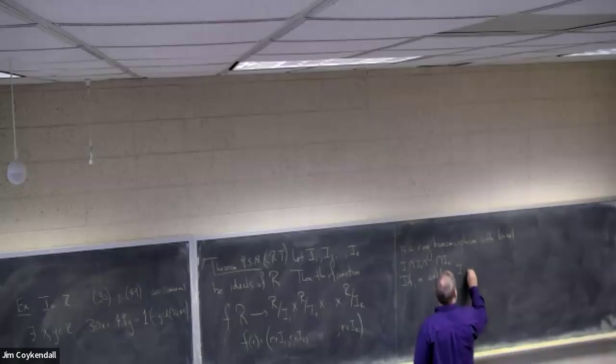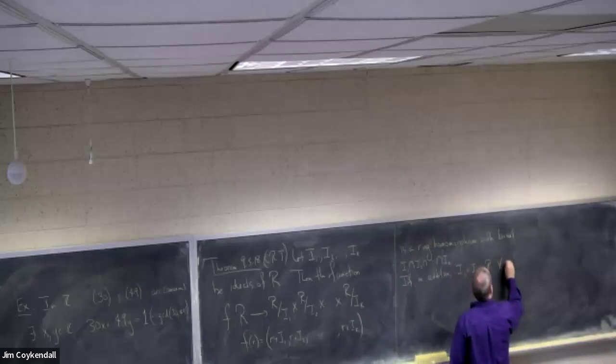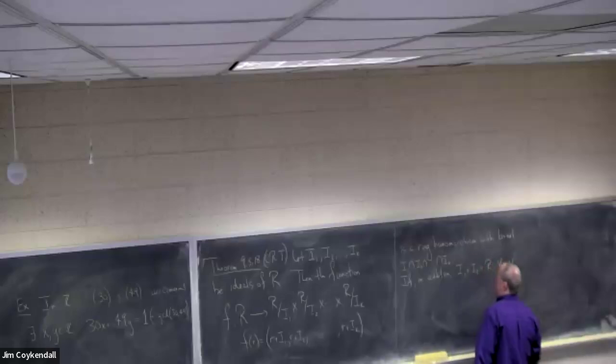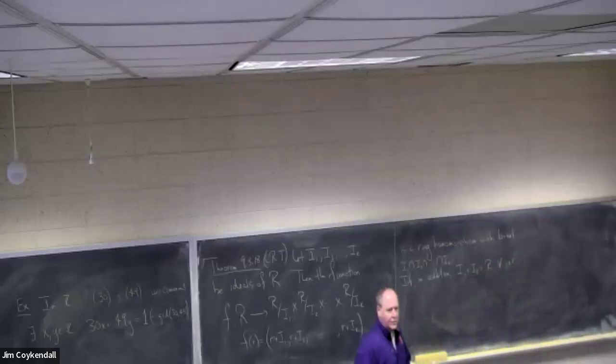Now, here's a bonus. If in addition the ideals are pairwise comaximal, that is, I sub j plus I sub l is equal to R for all j not equal to l, so these ideals are pairwise comaximal, then the intersection is equal to the product.